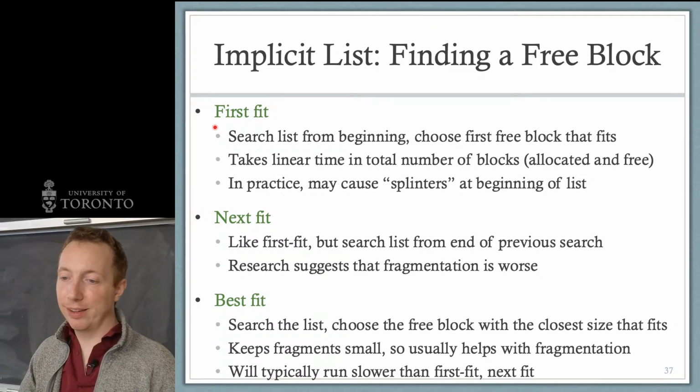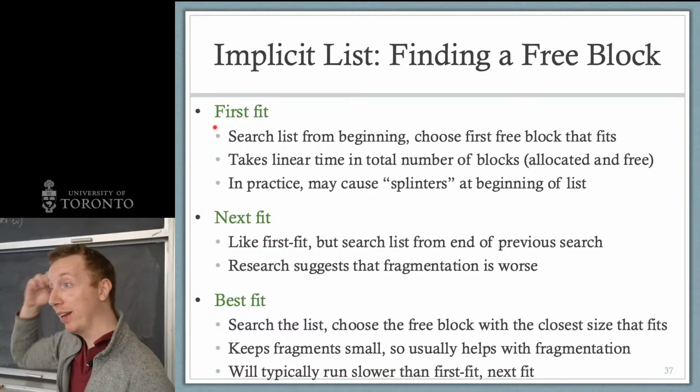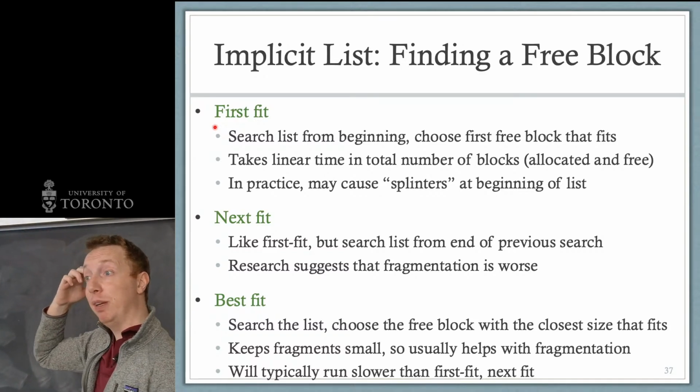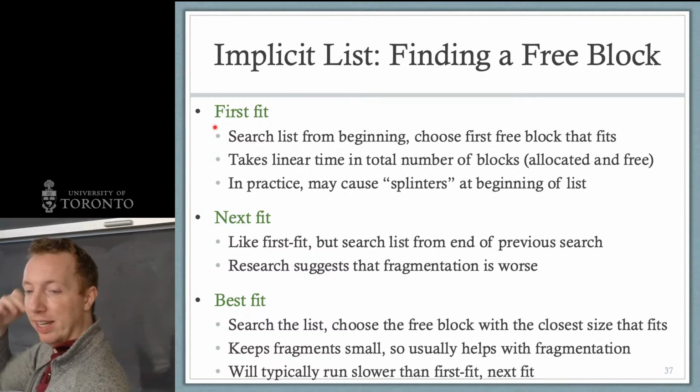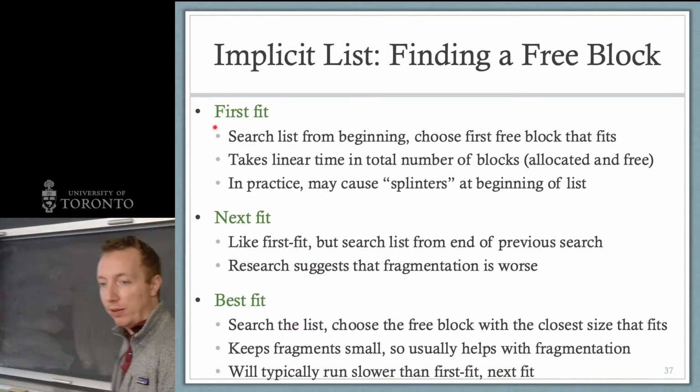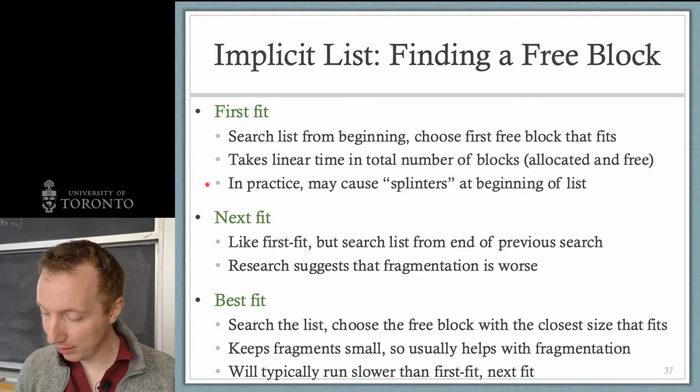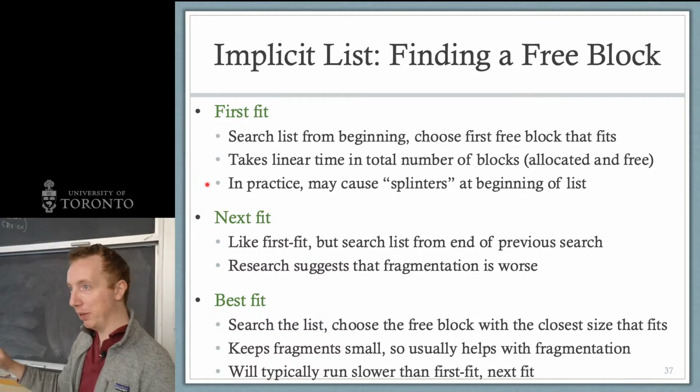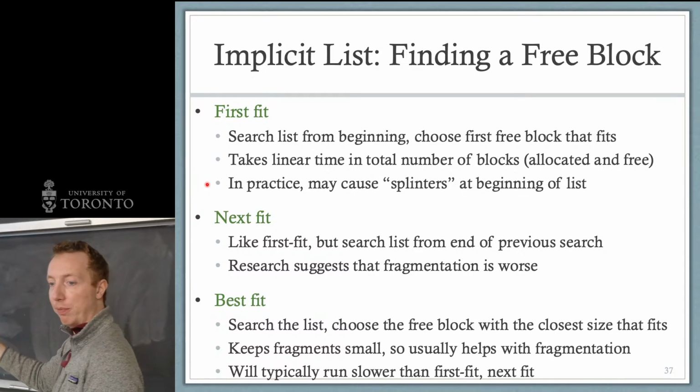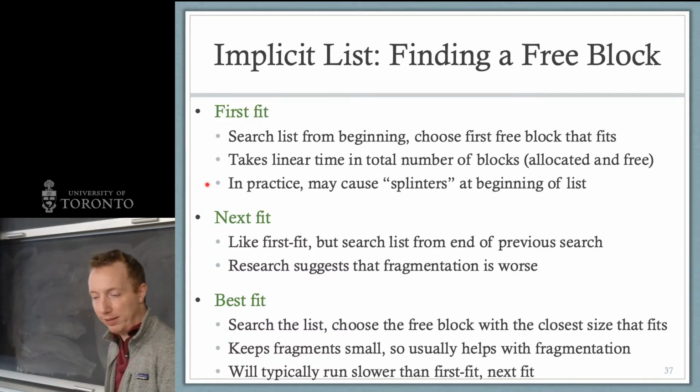Works. So it takes linear time in the number of blocks, both allocated and free, which should be setting off alarm bells already. And in practice, even if you do this as fast as possible for the space utilization, it causes a bunch of splinters or some fragmentation at the beginning of the list.